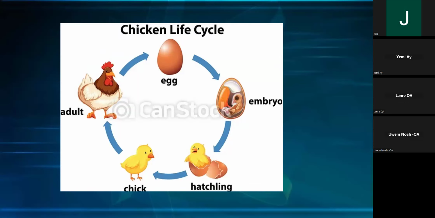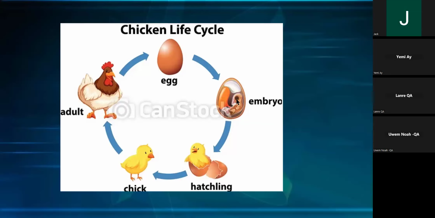So let's take the life cycle of a chicken, even human beings, but I'll use chicken at this phase. So what's the life cycle? This is where it starts: on an egg. We want to define the life cycle, how a chicken grows. First is the egg. Inside this egg, the embryo is just like a baby forming.